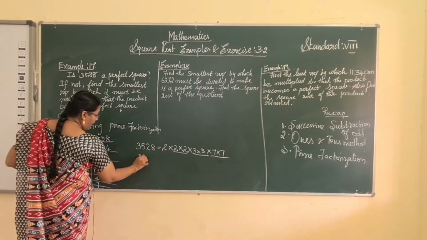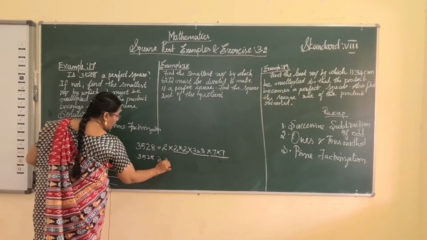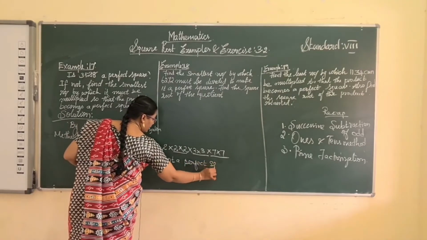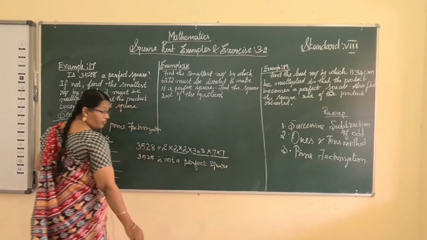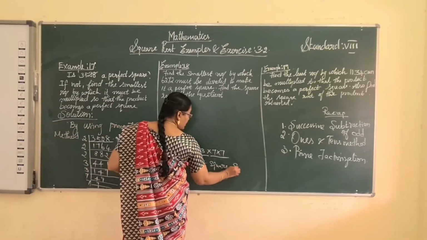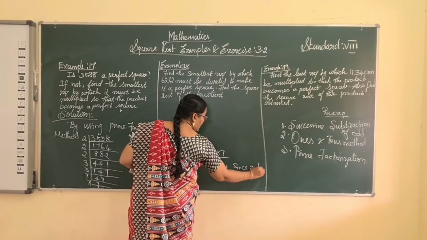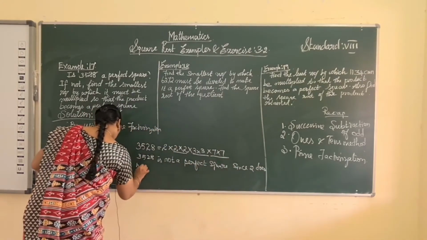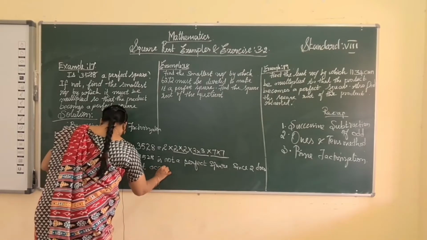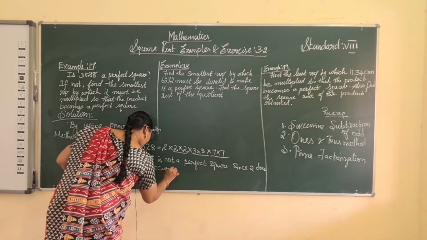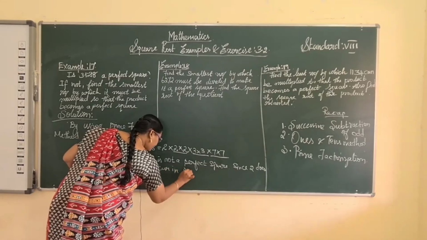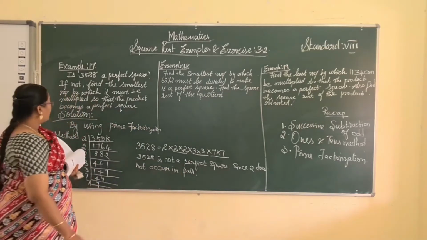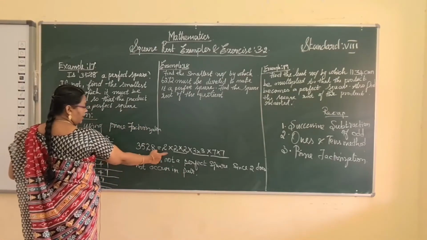So 3528 is not a perfect square, since 2 does not occur in pair. Which number should we multiply to get the pair?